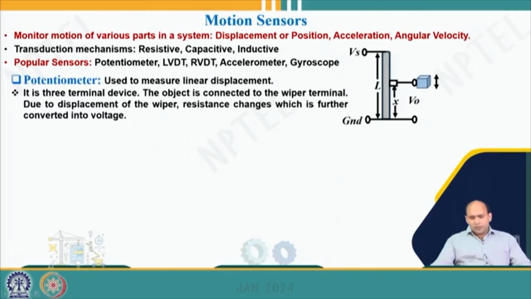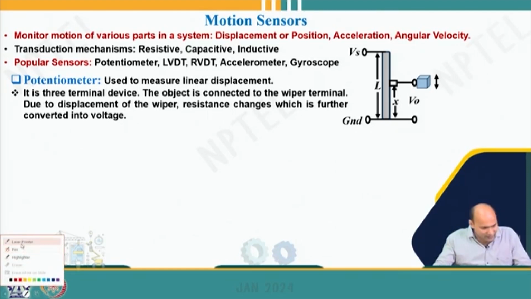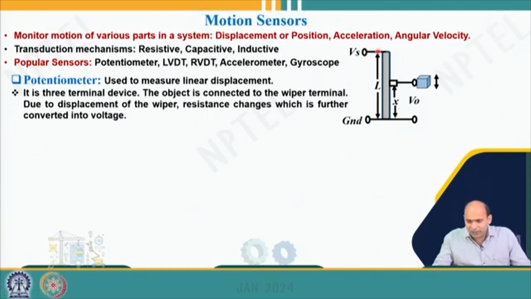Okay. The potentiometer is typically a 3-terminal device, and as we can see, this one is your potentiometer, and this is one terminal that we connect to the supply voltage. Another terminal we typically connect to the ground, and another is the mid terminal, which is called the wiper. This particular device is used for measurement of linear displacement.